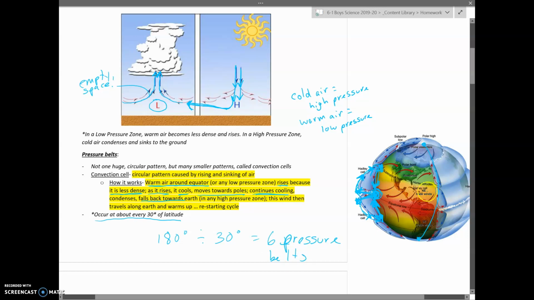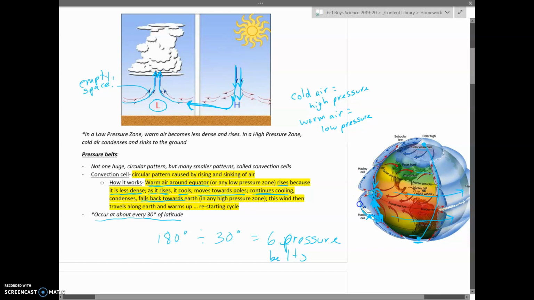And they span around the whole globe. So there's 1, 2, 3, 4, 5, and you can't really see the last one because of the way the Earth is tilted in this picture, but 6. 6 pressure belts. And that's where we have general trends of wind flowing across the Earth.